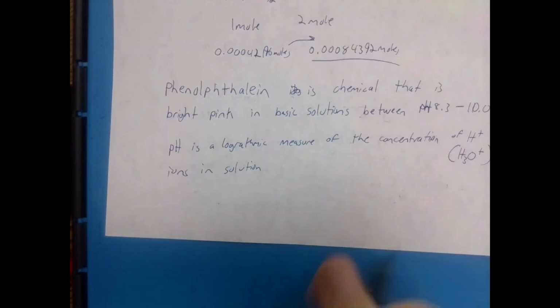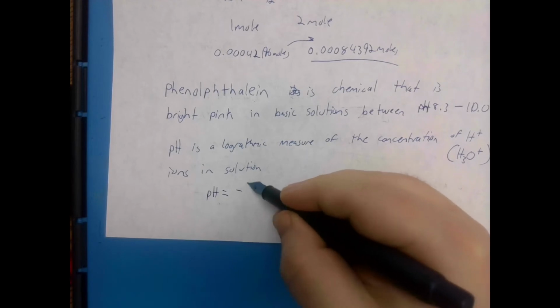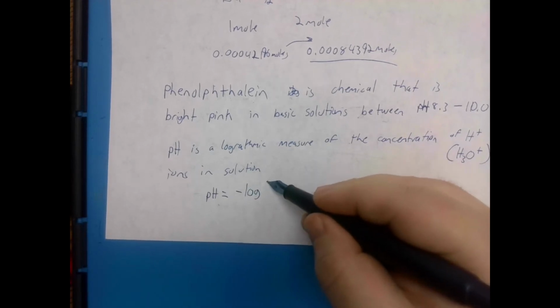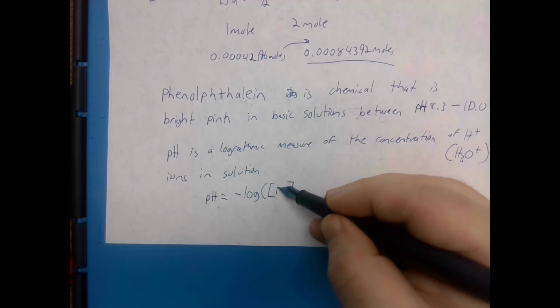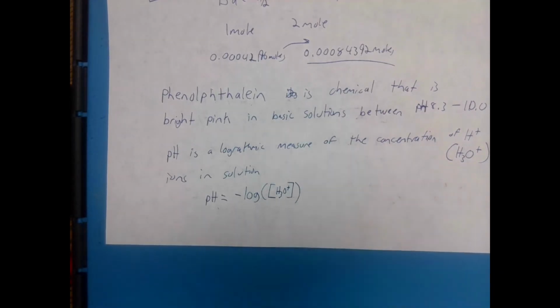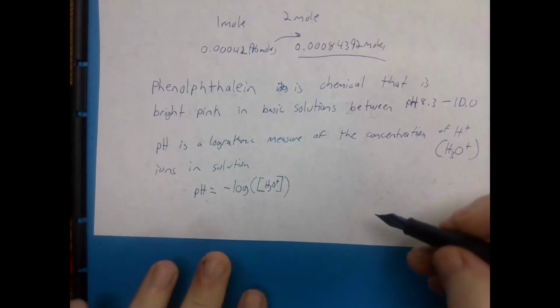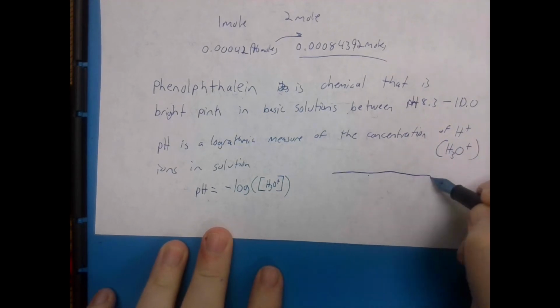Its equation is, I believe, the pH is equal to the negative log of, and these square brackets mean concentration of H3O plus. Basically, the only thing you need to know about acid for this context is our pH.